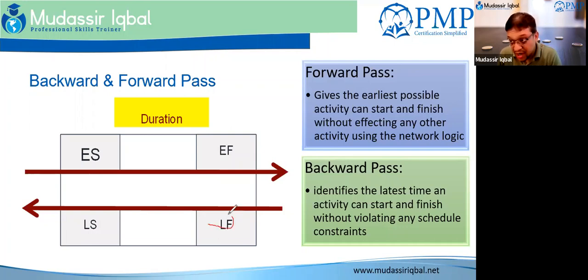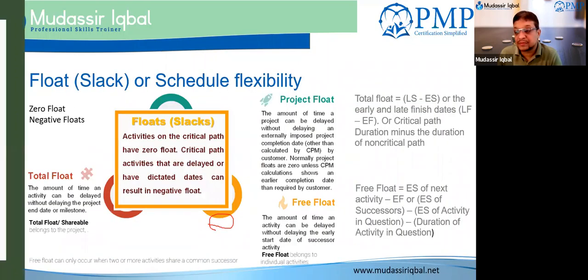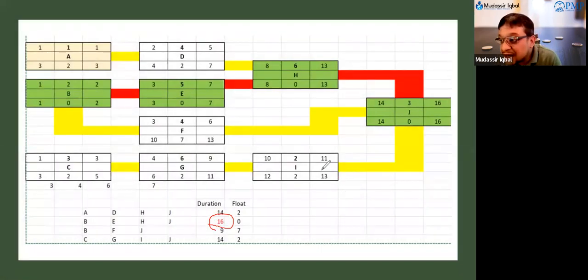Late date is violated. So I was supposed to do, the late date is 13, but I did it on 14th. Late date is violated. This constraint is violated.